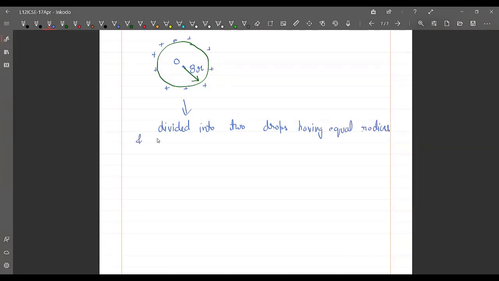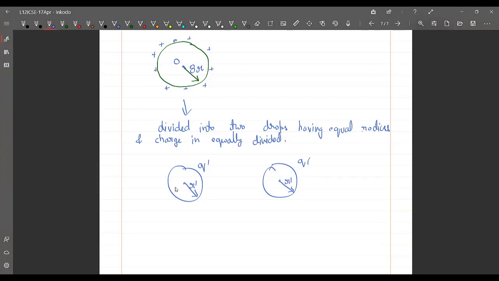And charge is equally divided. So now let us say this has charge q dash, and now the new radius is r dash. Then find the potential at the center of each droplet.